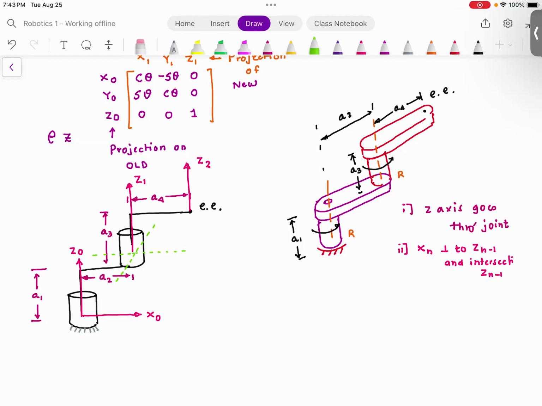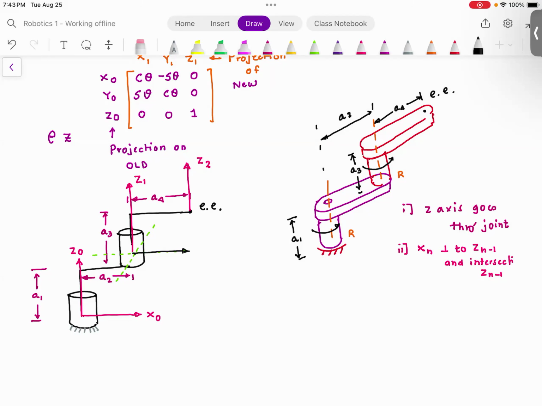The only problem is this X1 will be in the opposite direction of X0, and that may lead to some difficulties later. So for simplification, I'm going to assume X1 in this direction, which is the same direction as X0. Do you agree with me?